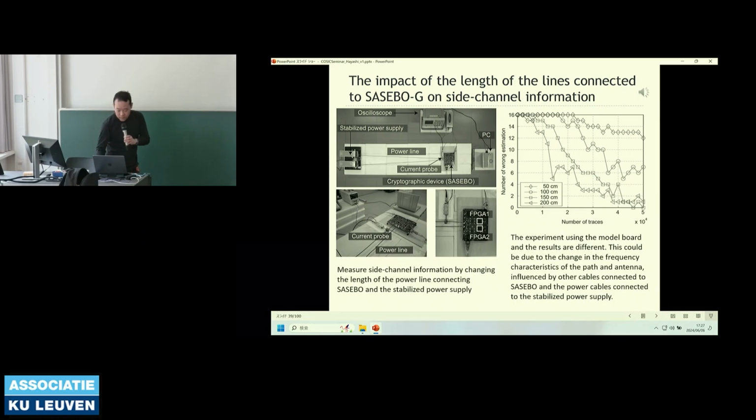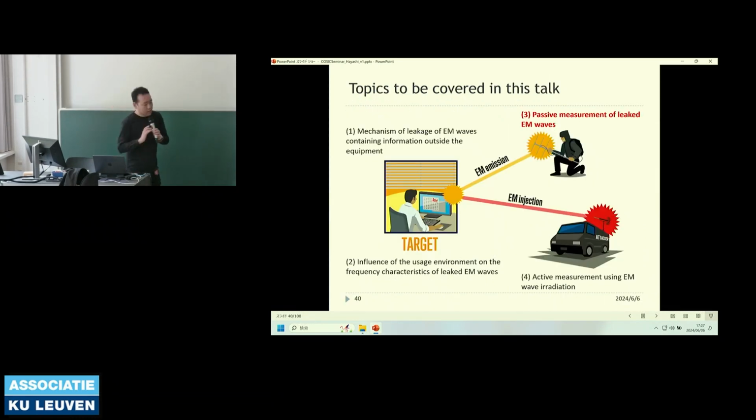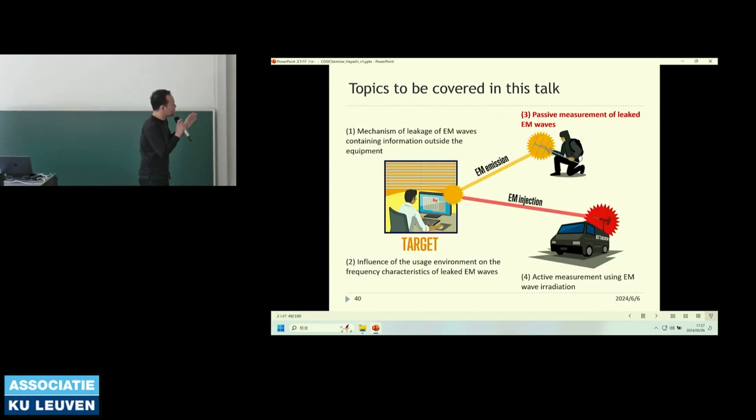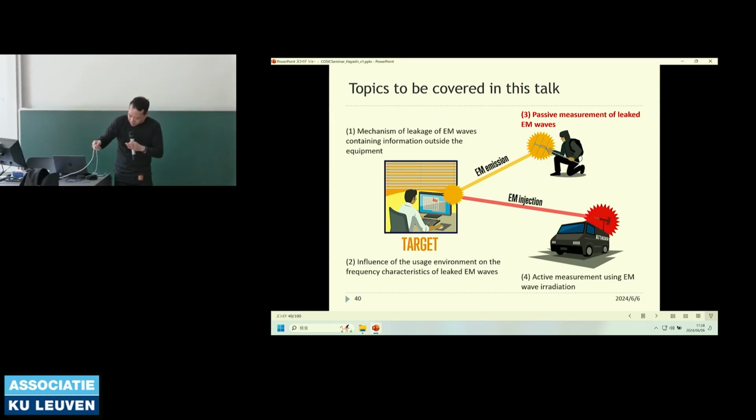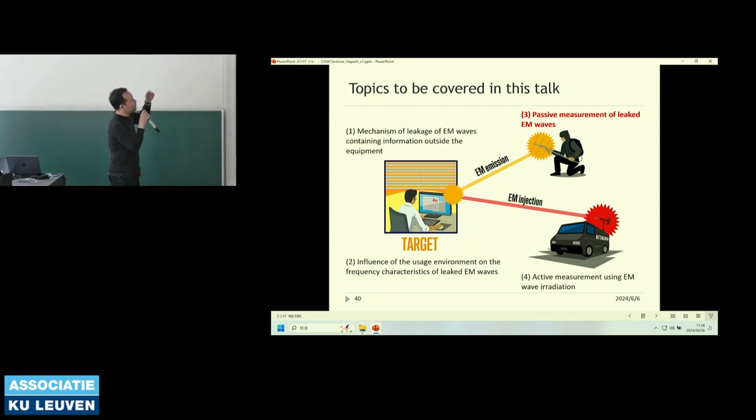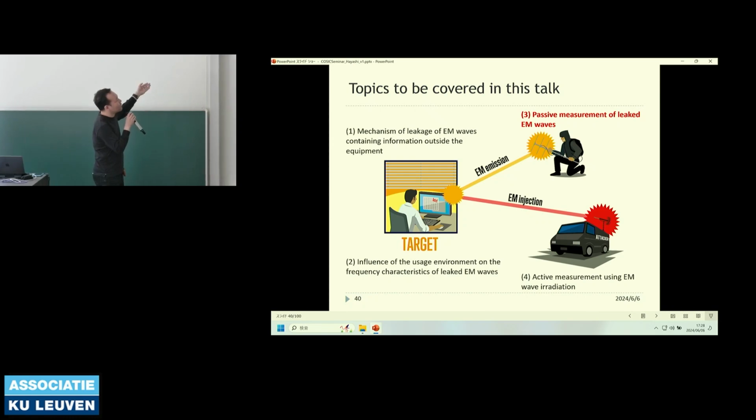In this experiment, we focus on the cryptographic device, but for TEMPEST, keyboards and displays also, we should pay attention to what length and what kind of cable is connected to the device. This kind of effect is very large. The previous papers do not mention this kind of point.